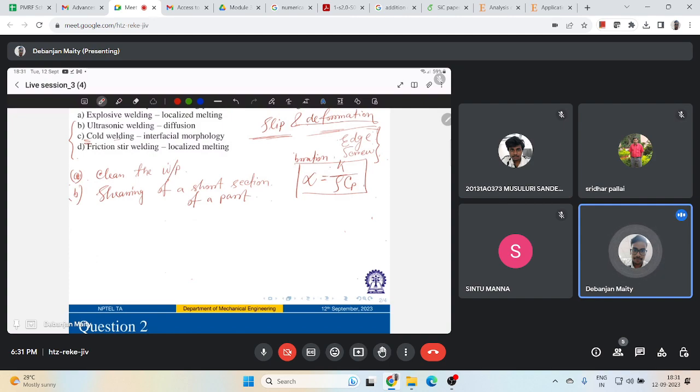Sometimes the parts are clamped in a die with some initial extension. If these are your two parts to be joined, you can have a die like this, and you are applying pressure over here, like this. So this will be joined all together. It is kind of forging happening over here, so we call it forging force is applied.